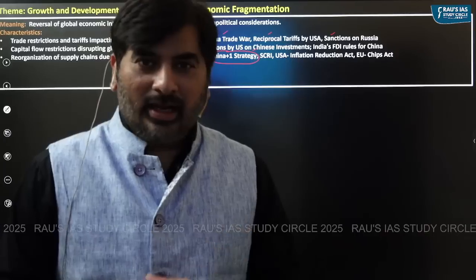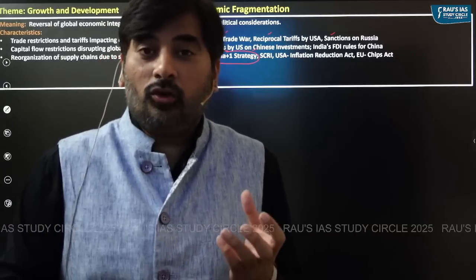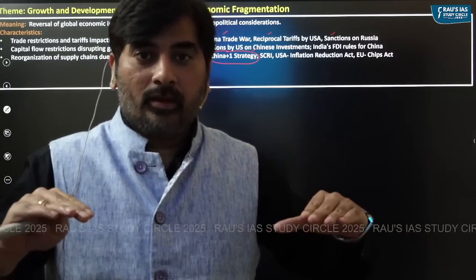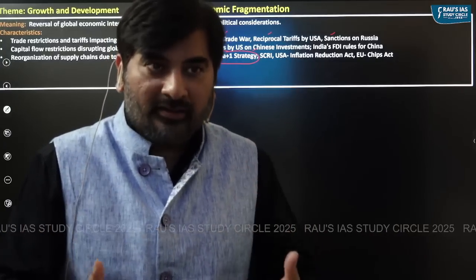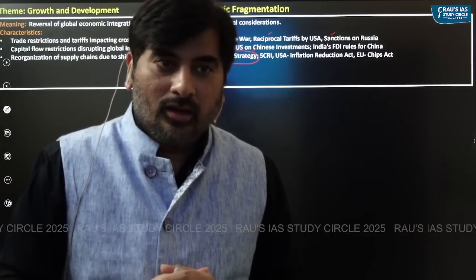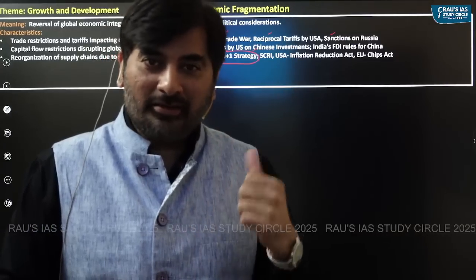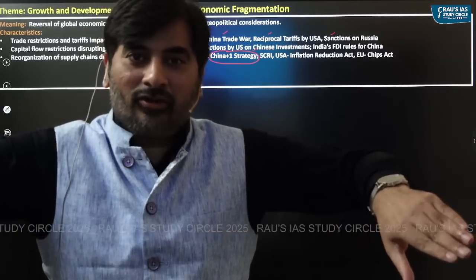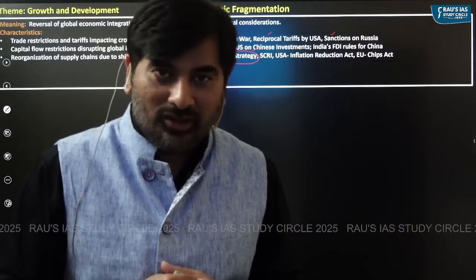For example, the same thing happened during the COVID-19 pandemic, where China was following zero COVID policy, due to which China imposed complete lockdown. And because China was not manufacturing critical components, it adversely affected all other countries as well. So now the countries have realized that they cannot rely only on one single country, which is China, as part of supply chain. They need to diversify away from China. So that we call it China plus one strategy.